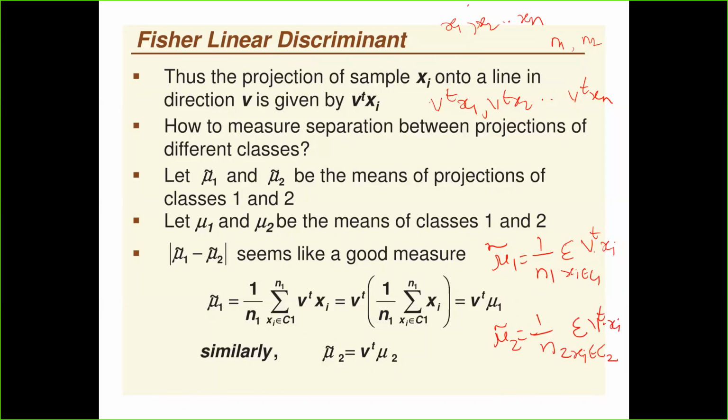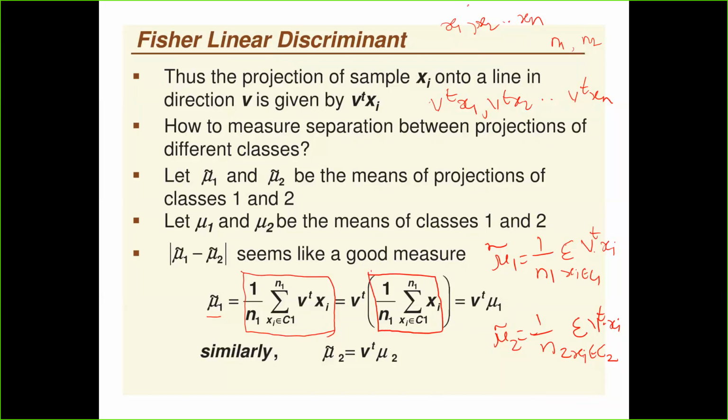Now let us derive the relation between the centroid in the projected space and the centroid in the original space. This is mu1 bar, the centroid in the projected space: 1 by n1 sum over xi belonging to C1 of V transpose xi. If you bring V transpose outside the summation, this is V transpose times 1 by n1 sum over xi belonging to C1 of xi. Isn't this the centroid in the original space, mu1?